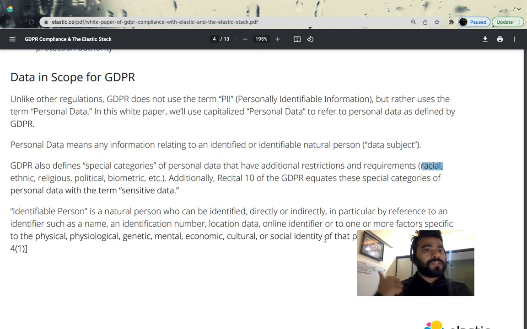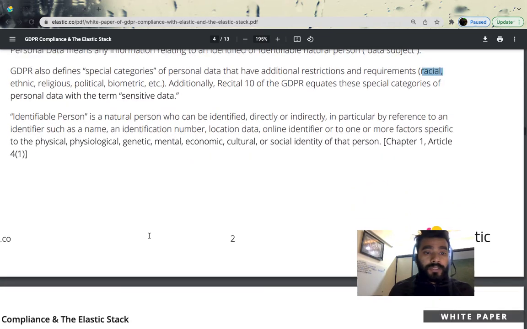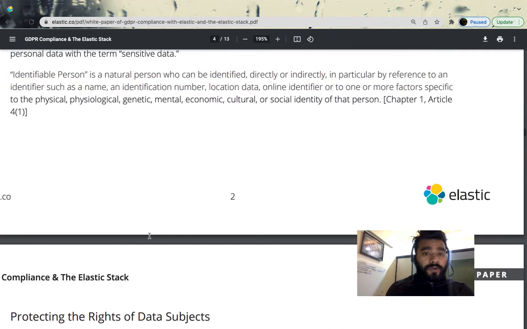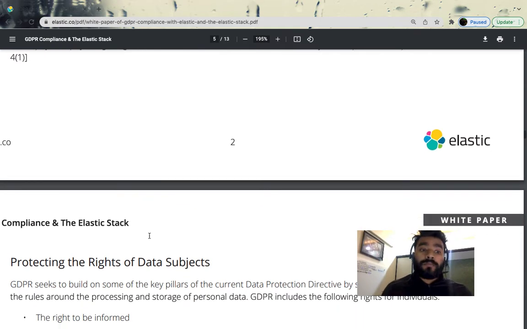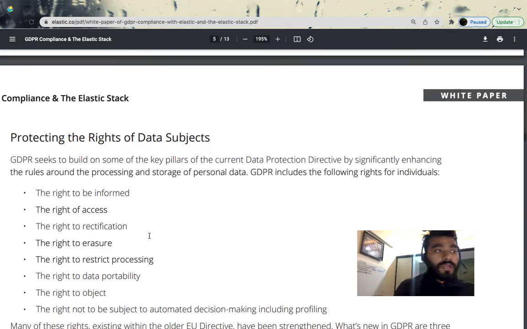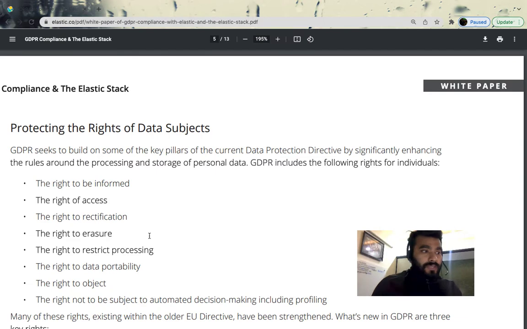So when it was launched, it affected European countries and European customers and clients. In scope is primarily the data subject, the identifiable subject, which holds not only a name but other parameters also. All right, protecting the rights of the data subject.